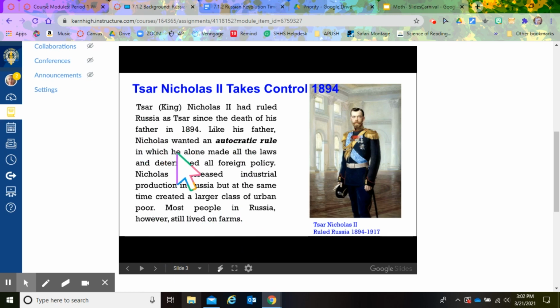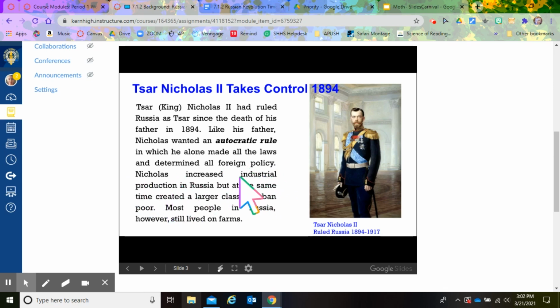So what is it saying here? He took over and he wanted to be an autocrat, which means he was completely in charge. No people voting, none of that. He was in charge of everything as far as laws and the dealings with other countries.